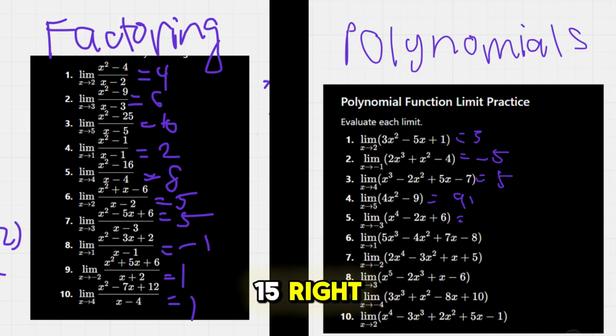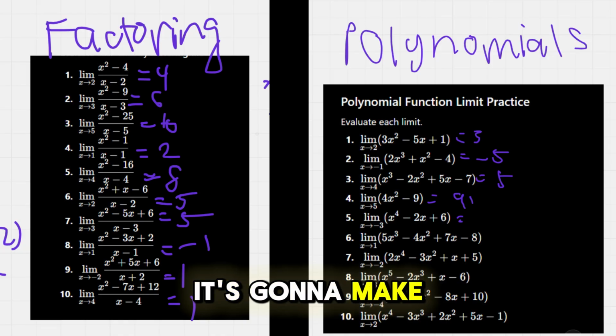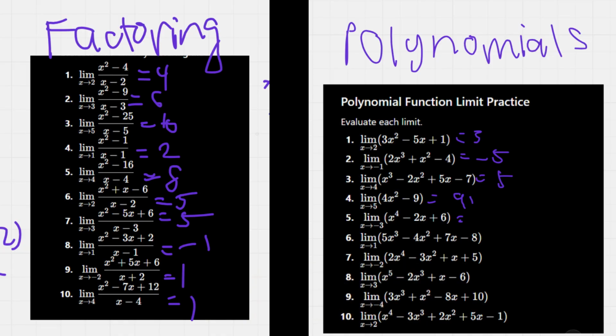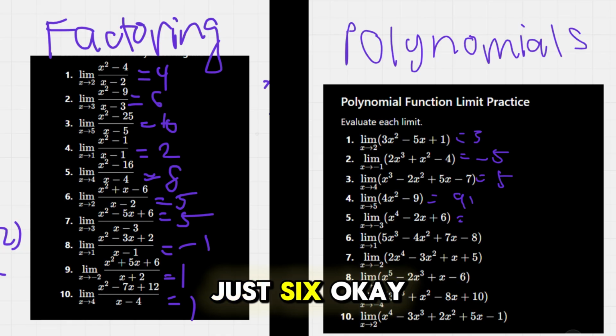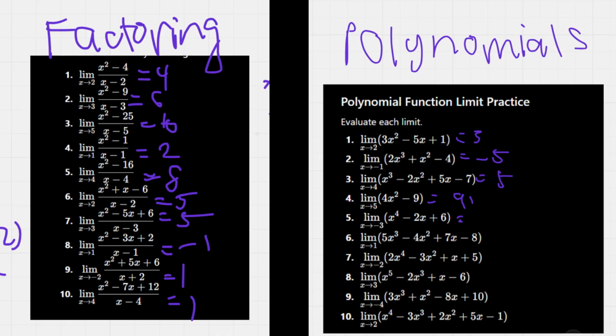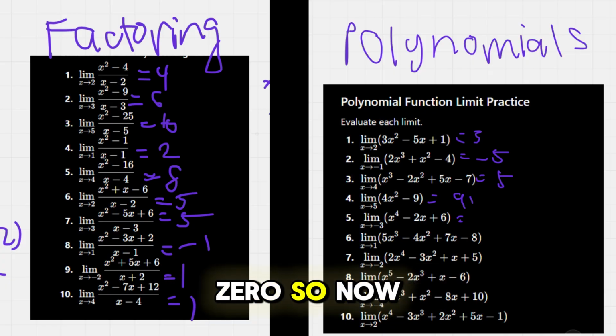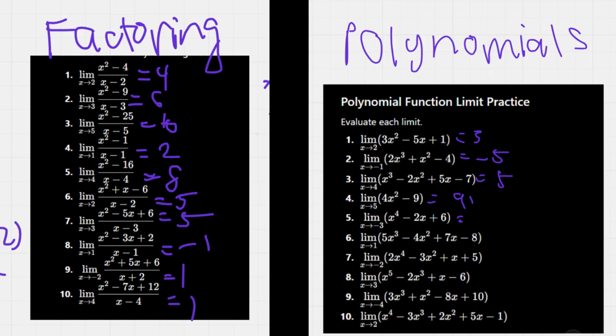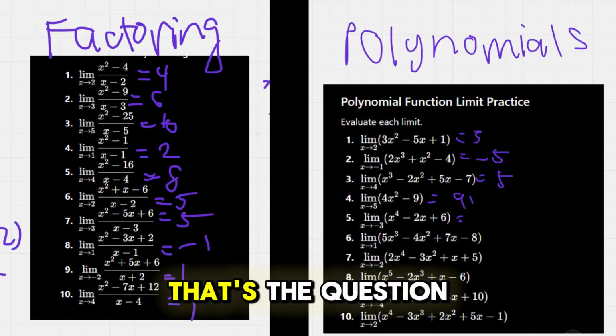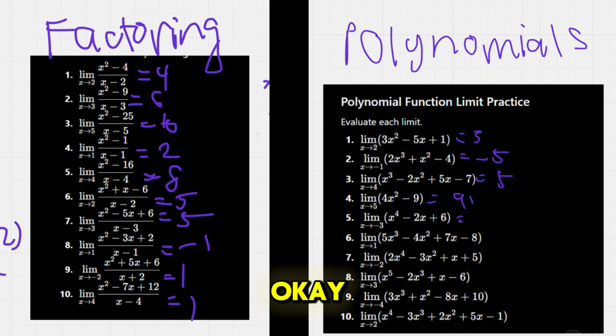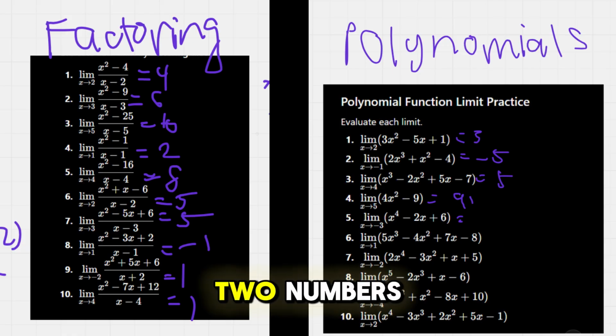It says 15, right? 9 minus 15 is negative 6. Negative 6 plus 6, we're going to have 0. So now we have to factor that. But how do we factor this? That's the question. So we just have to get two numbers.